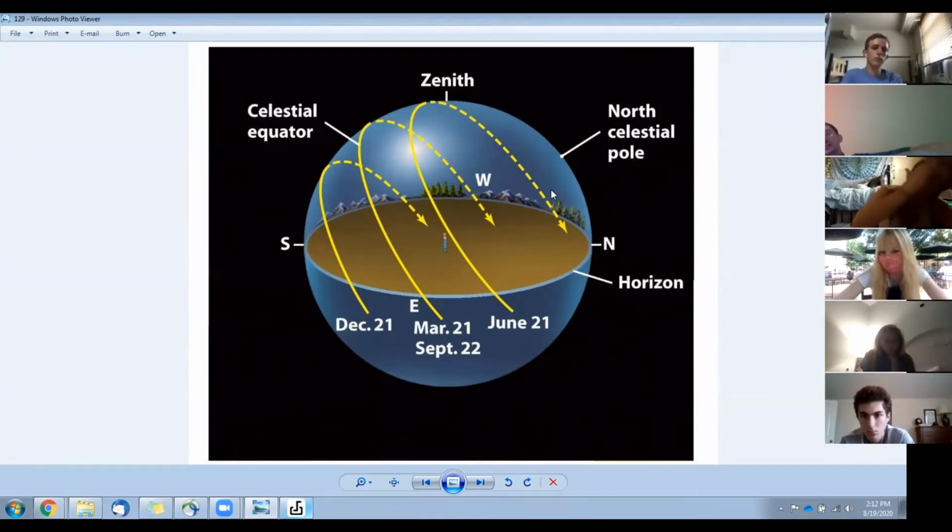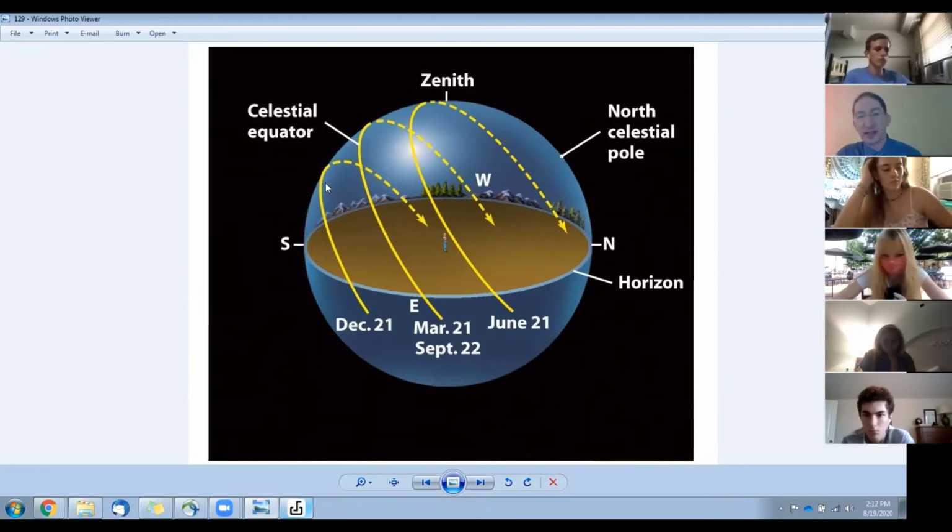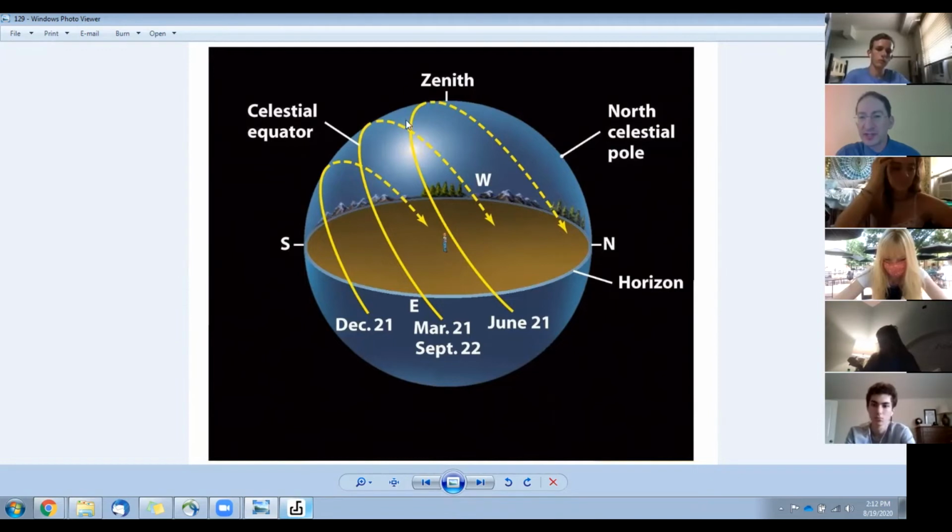So the sun is not high in our sky anymore, but low in our sky. Rises south of east, spends just a little bit of time up, sets south of west. So in this diagram, you can see the horizon angle at midday is higher in summer, lower in winter. The length of day is longer in summer, shorter in winter.